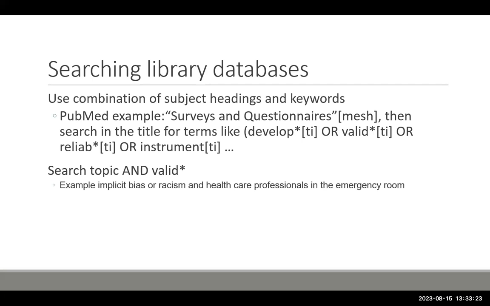Now the thing is, when you do the valid, it still might not be validated. They might mention it. Maybe they tried it. Maybe it wasn't validated. But that's another idea, to do your topic search and add in valid or validity, reliability with that star, picking up the variations of that word. So that's another idea too.